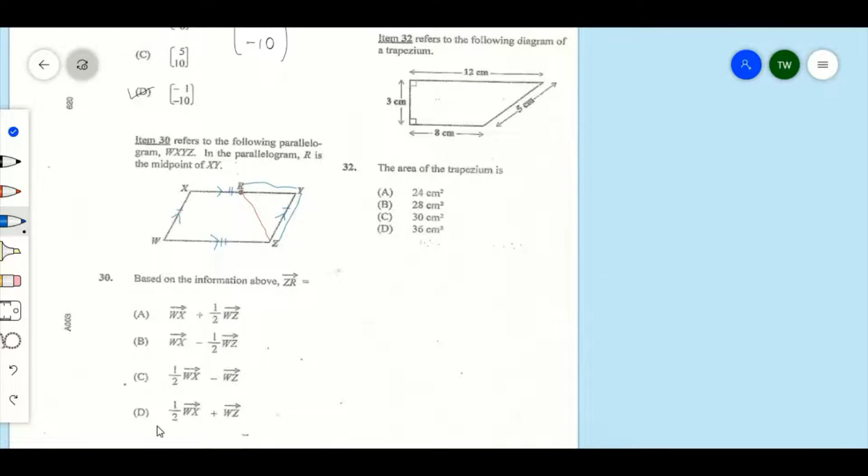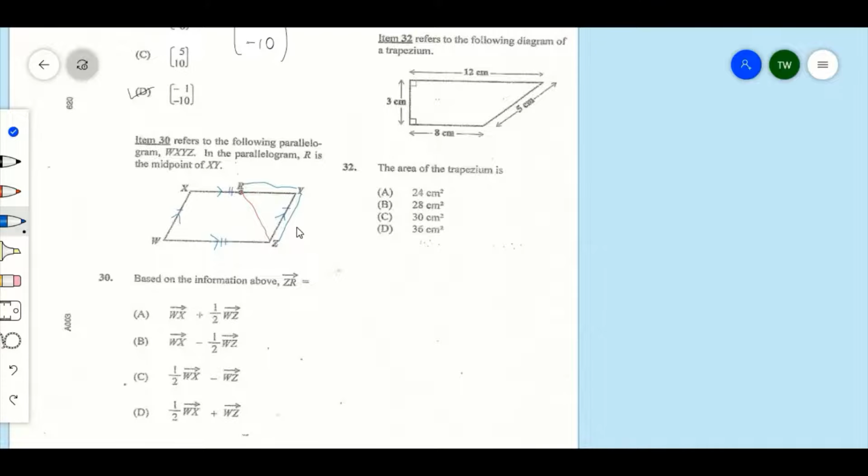Now we want to know which one of these vectors represents the information here, which is ZR. So if we want ZR, we can travel to ZY, sorry. Now vector ZY is the same thing as WX.